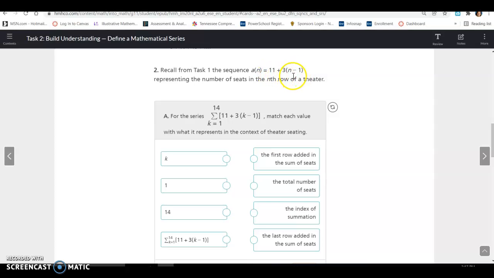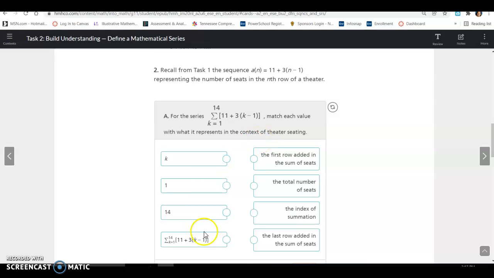So this was the number of seats in a theater, and this represents the number of seats in n rows of a theater. All right, so for the series, k equals 1 to 14, so 11 plus 3 times k minus 1. This is our rule or our equation. So match each value with what it represents in the context of the theater seating.